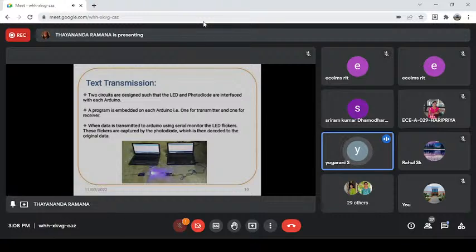In the transmission section, we have a computer to give the text input and an Arduino board, which we use with input and output programs inbuilt to transmit the data, and we use a red LED to transmit the data via light signals. It is given to the modulator, which modulates the signal and gives it to the channel, and it demodulates the signal and gives the output on the text output device.